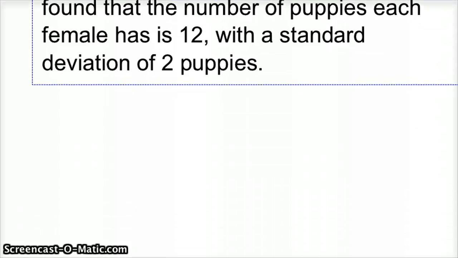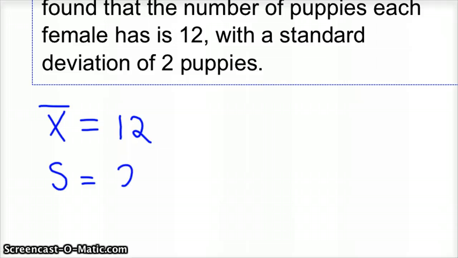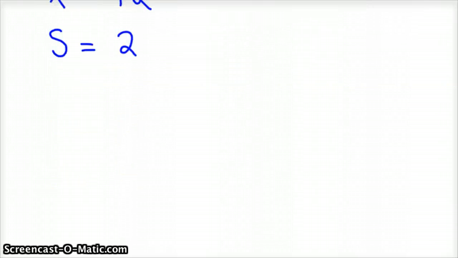So this is a sample. Every black lab in the nation had a chance to be picked, and we decided to sample 1,000 of them. So we're dealing with samples. Our x bar is 12 and our standard deviation is 2.